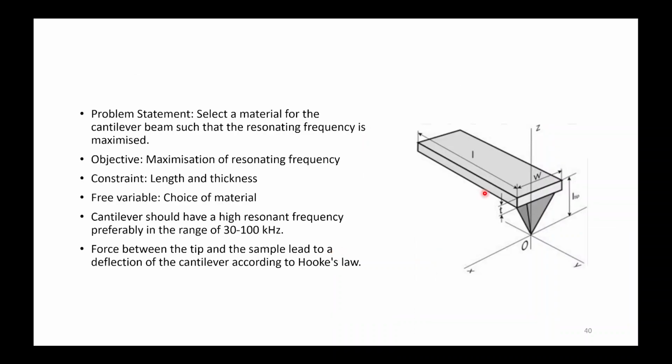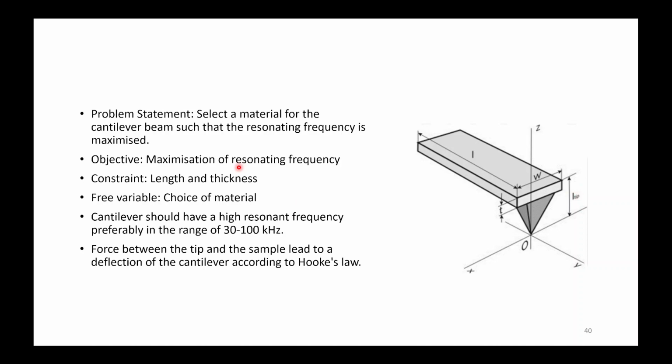Now what we are trying to do is select a material for the cantilever beam such that the resonating frequency is maximized. Now this is your cantilever beam and this is the tip. This is the length L, this is the width, this is the thickness T, and this is the height, from here to here, the length of the tip.